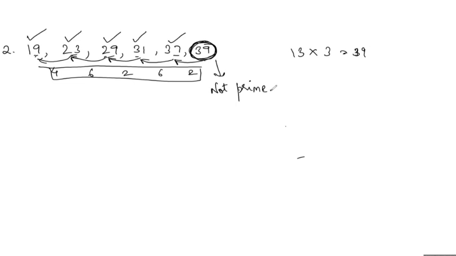Simple. All these numbers are prime. Only 39 is not prime. That's why 39 is the wrong number in the series. Did you understand? Yes, ma'am. Okay, we'll move on to the next one.